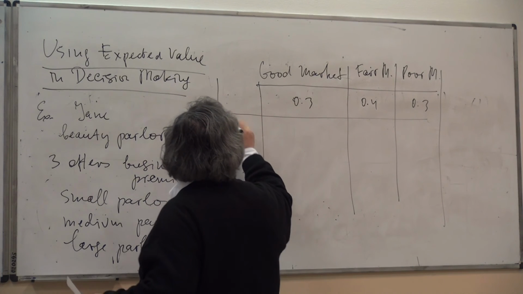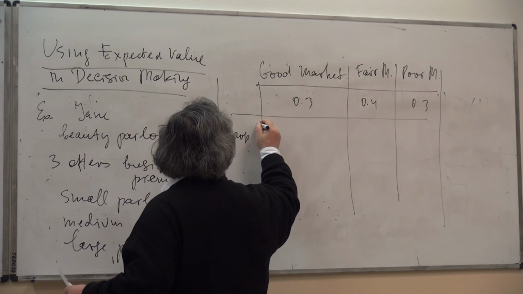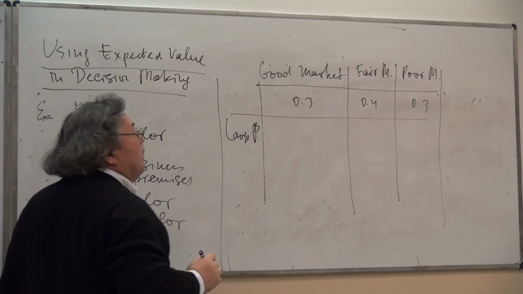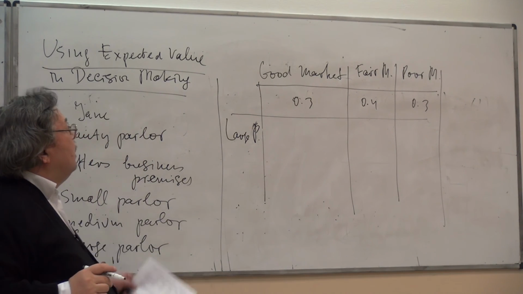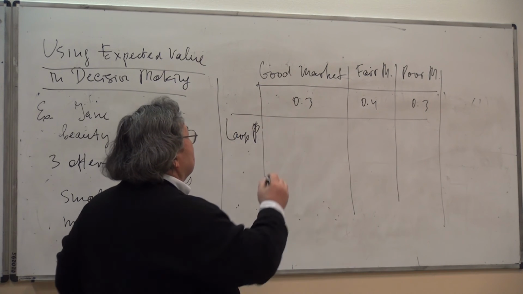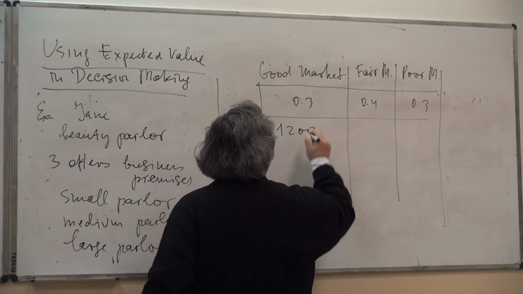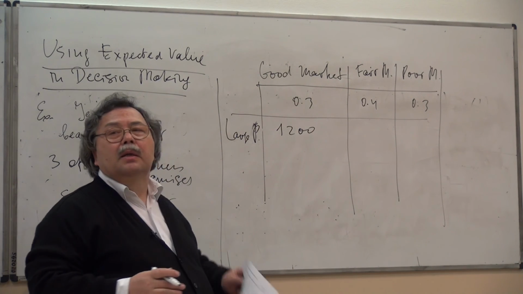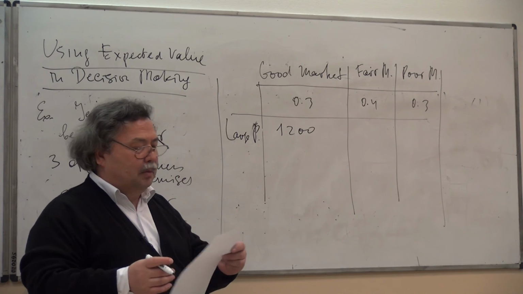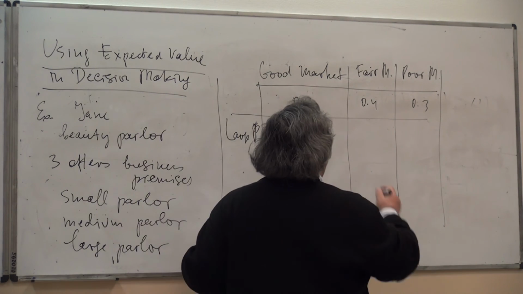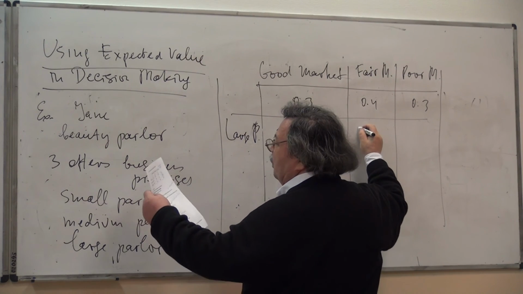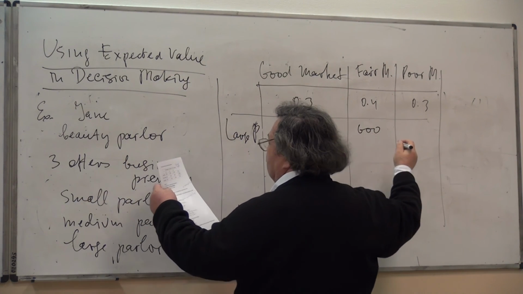Now, if she runs a large parlor, then under good market conditions, she will make this kind of profit, in some units, probably in $1,000 or 1,000 euros, whatever. Under fair market conditions, her profits will be 600.